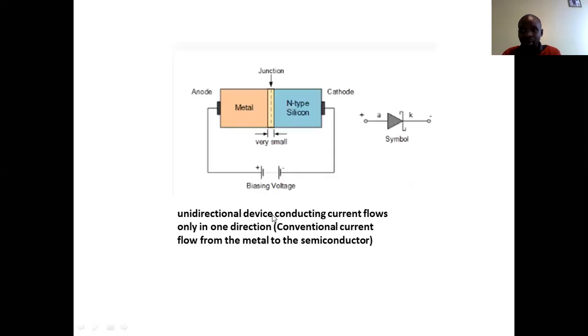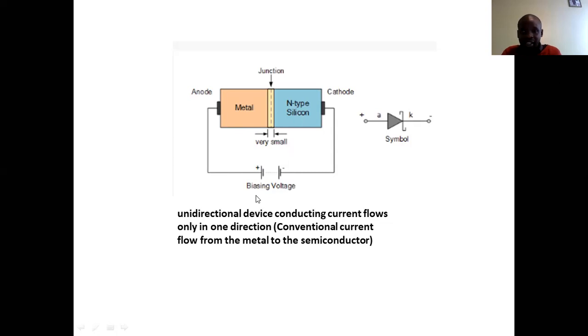If you want to understand more about it, look at this diagram here. Instead of the PN junction, we have a metal-N junction. You can see our junction, our potential barrier here, is very, very small, because you know that metals have very many free electrons which can flow. So the anode is made of the metal and the cathode is made of the N-type, which is the silicon.